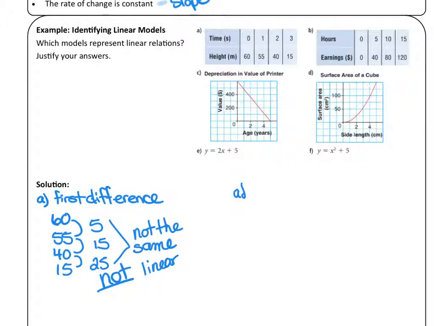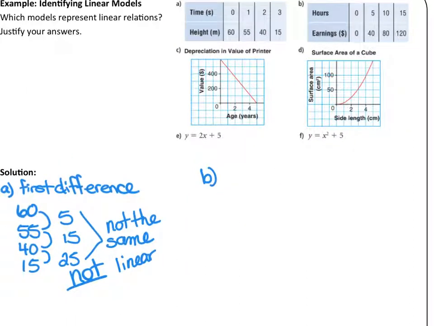B, we're going to do the same thing. So I'm going to do the earnings, which goes from 0 to 40 to 80 to 120. Now it's quick to see that the difference between these is 40, 40, 40.